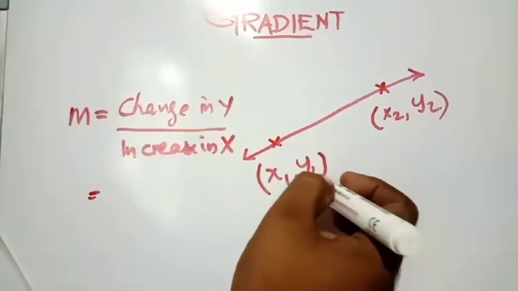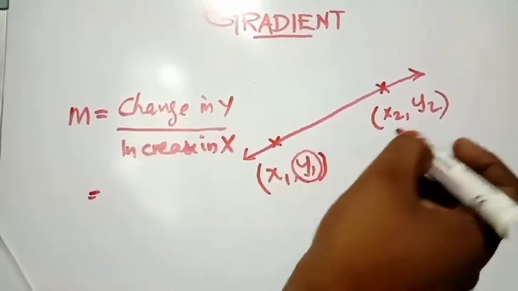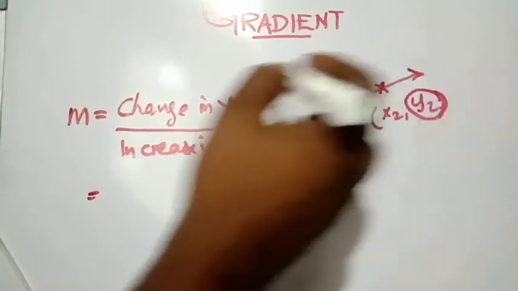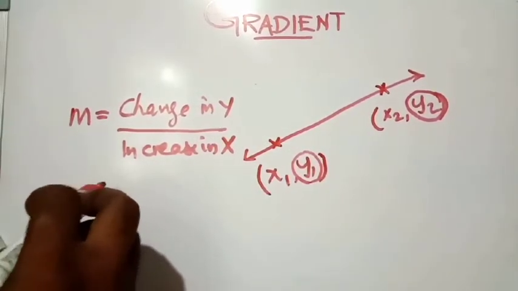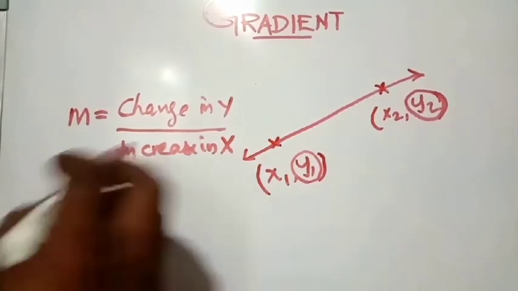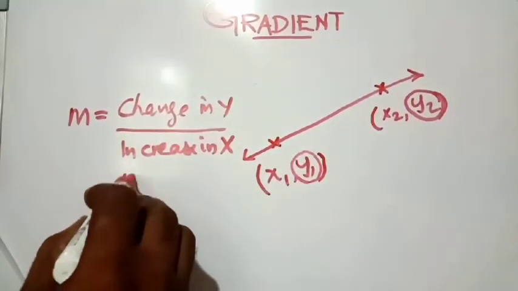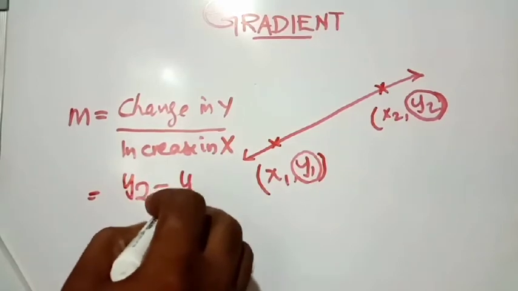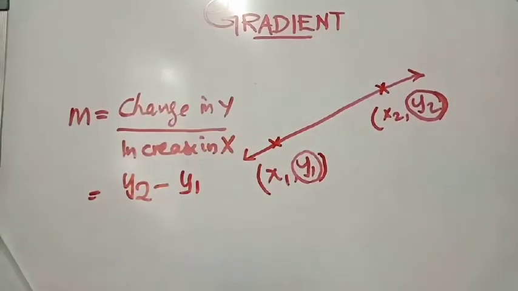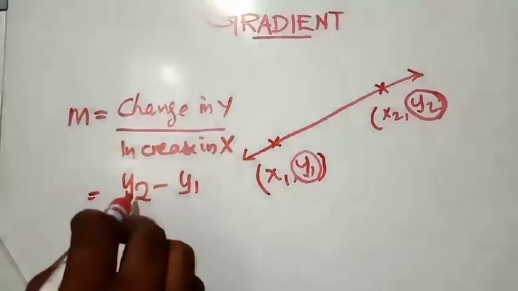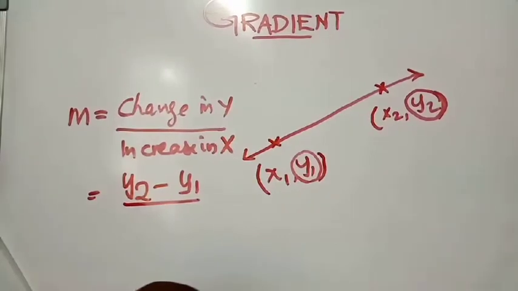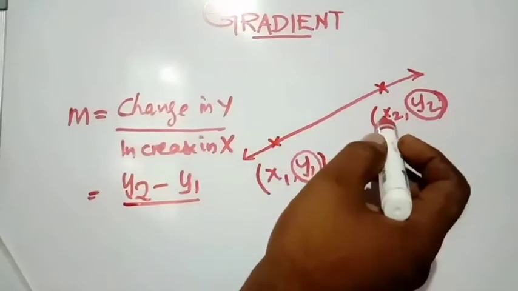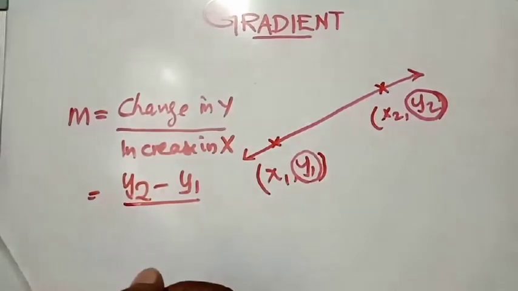You check the y coordinates. Y coordinates are y1 and y2, isn't it? So a change in y, that means the difference in y, is denoted by y2 minus y1, divided by an increase in x. An increase in x is also denoted by the difference x2 minus x1.